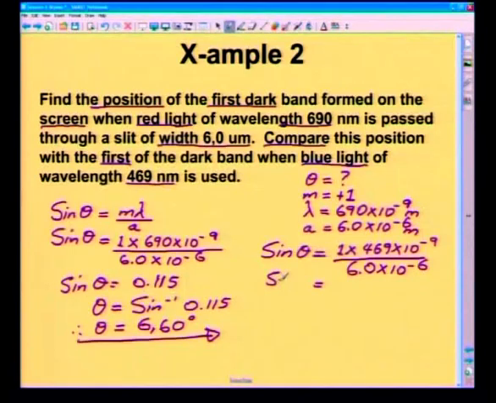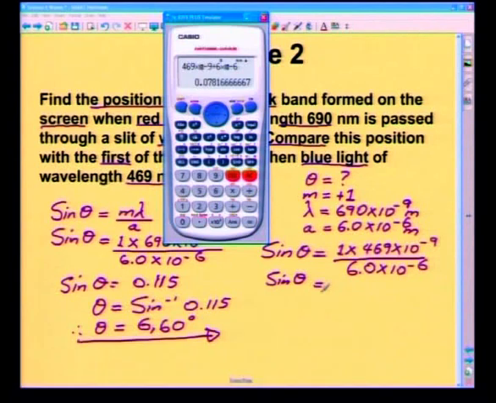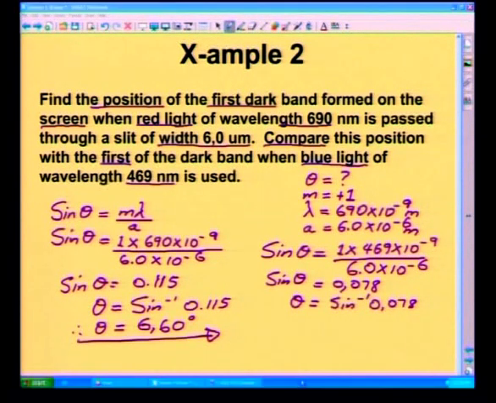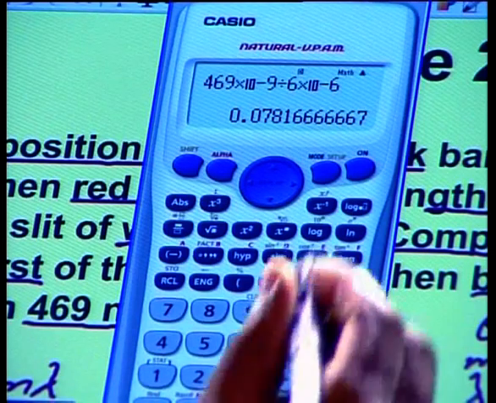So sine theta is 0.078. Now, theta equals sine inverse of 0.078. And again, we can quickly get that from the calculator.